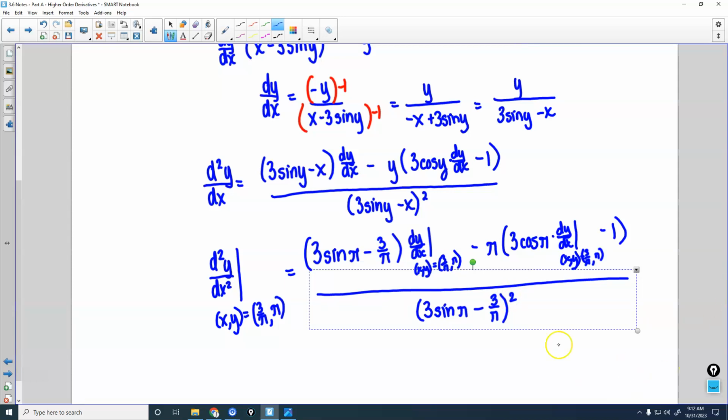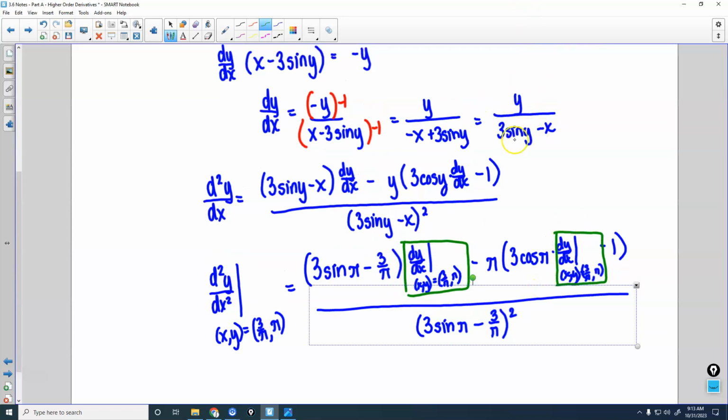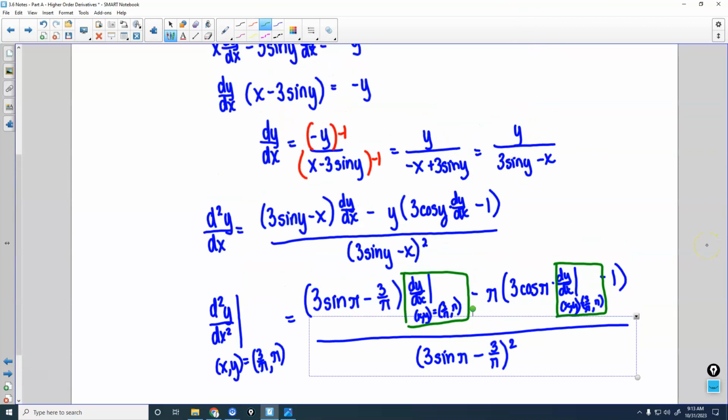Now, we could plug in x's and y's and plug that stuff in, but what I would prefer to do, so we've got these two places where we got this derivative at 3 over pi, pi, what I would prefer to do is go up here and figure out what that is. So if I'm doing dy dx at x, y equals 3 over pi, pi, that would be, in this case, our y, which is, oh, I've done this, hold on, no, I just wrote that backwards.